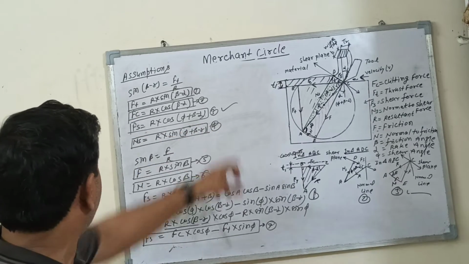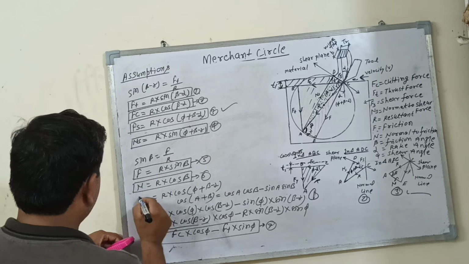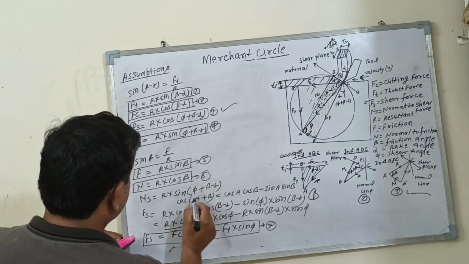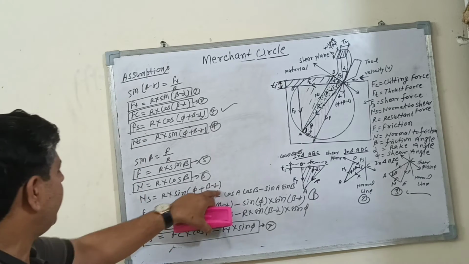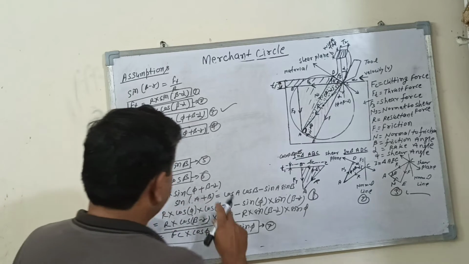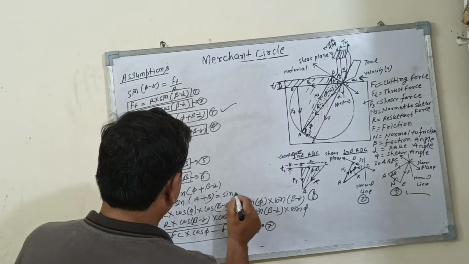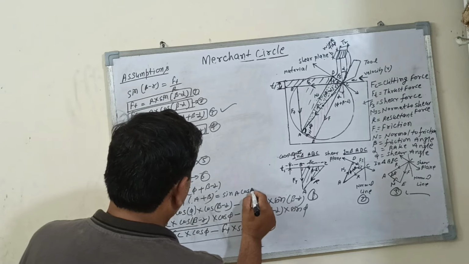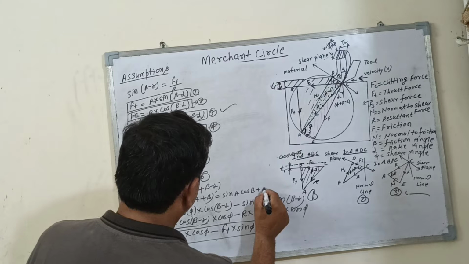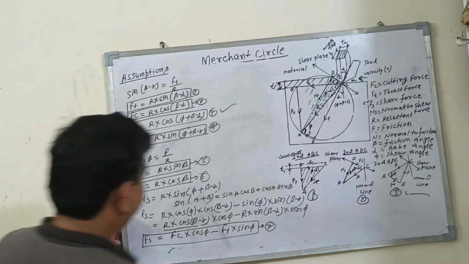Same is applied here. From the equation number 4, Ns, here Ns is R sin(alpha + b − alpha). So here sin(a + b), put the value here: sin a cos b plus cos a sin b.